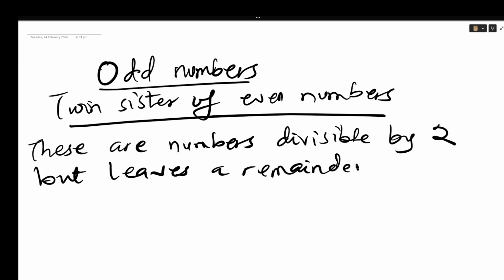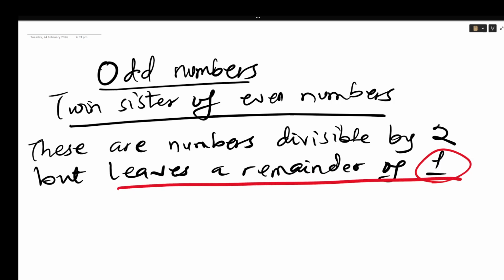That's the catch. Even numbers are also divided by 2, but leave a remainder of 0, or in other words, no remainder is left. But for odd numbers, also divisible by 2, but now leaves a remainder of what? 1.